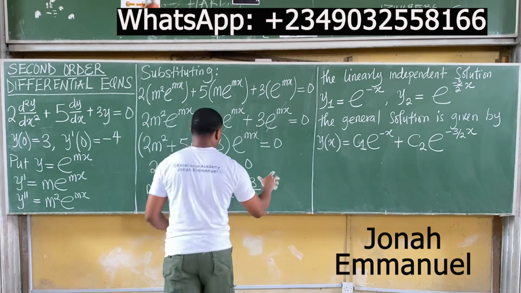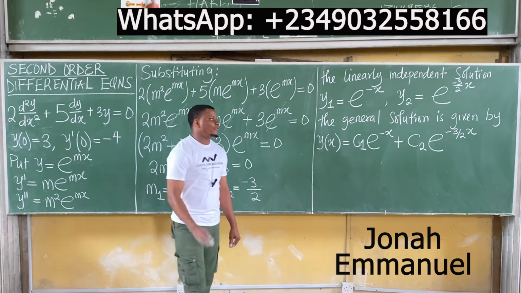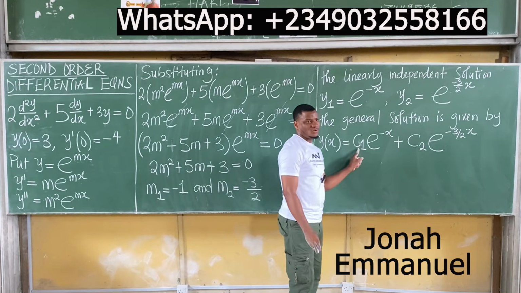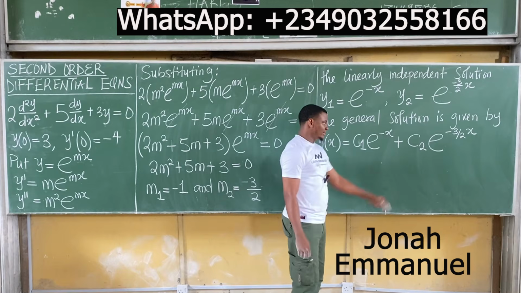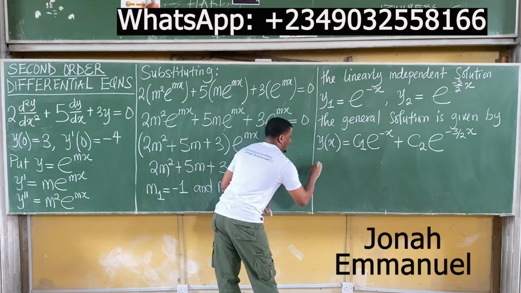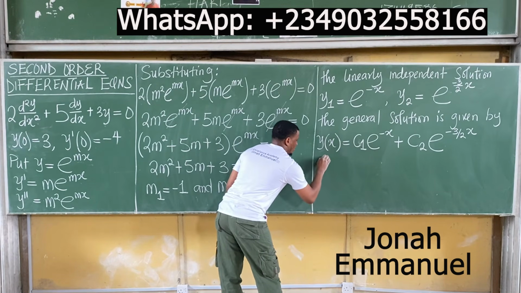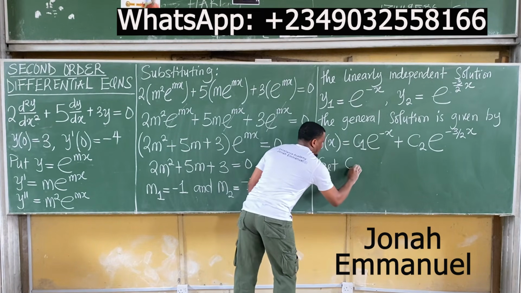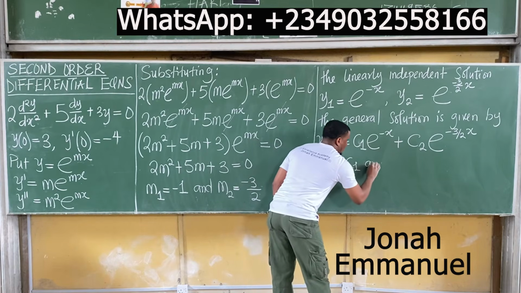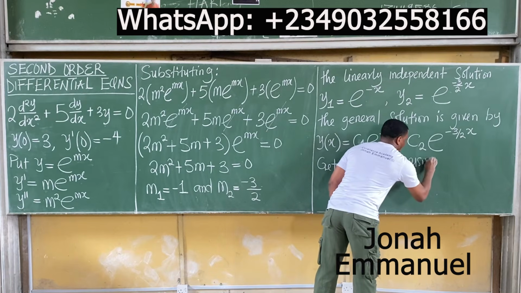Now, whenever you're given this, you're expected to find the value of the constants C1 and C2. All right? So let's get C1 and C2 using the conditions.